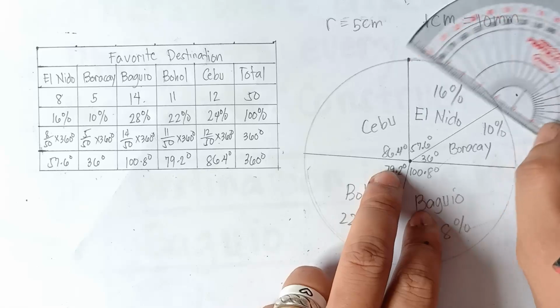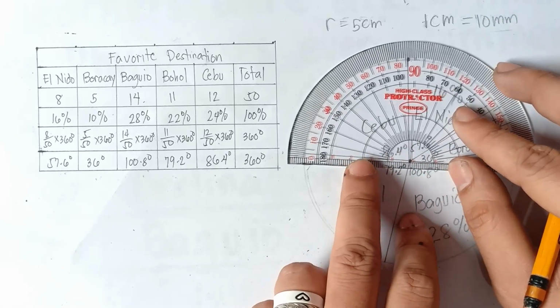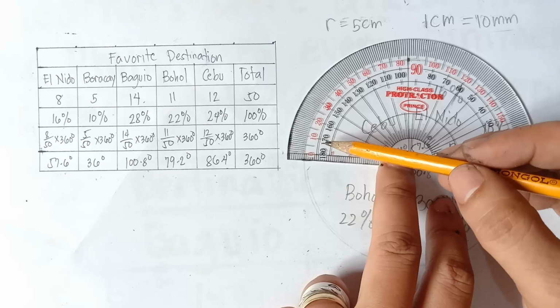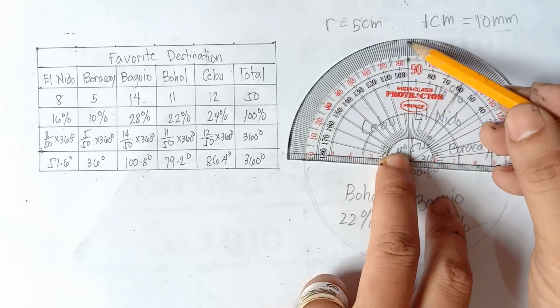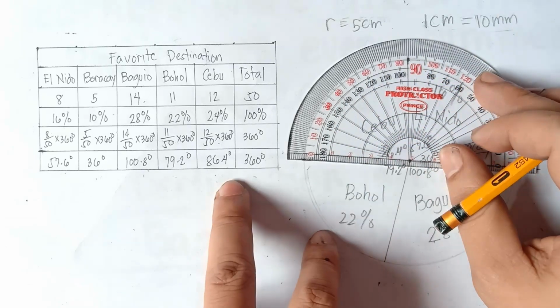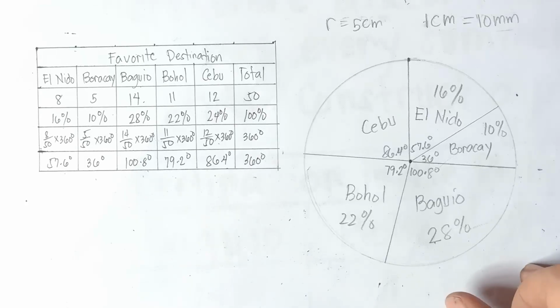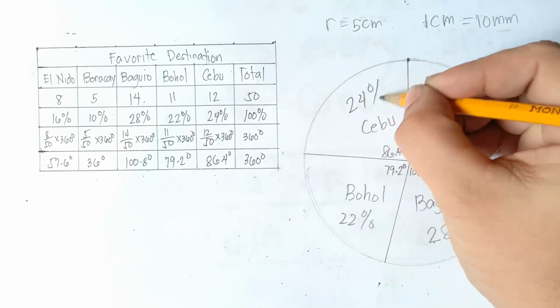Align 0. Center part of the protractor here. Yep, that's it. So 10, 20, 30, 40, 50, 60, 70, 80, then 85, more than 85, so that would be near 86. Alright, so 86.4 for Cebu, and then the percentage, that would be 24%.